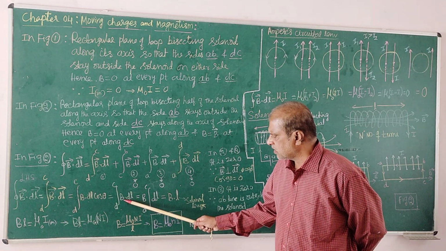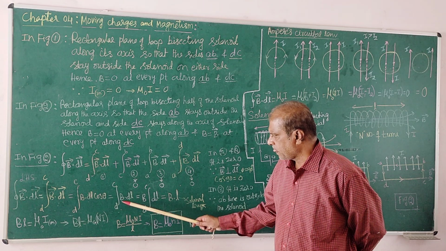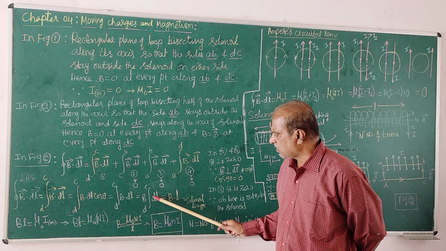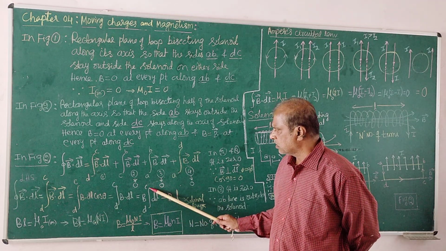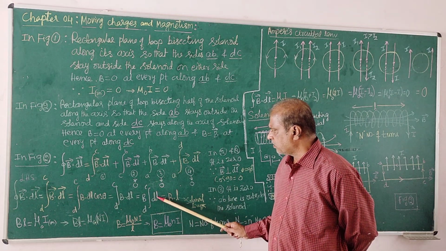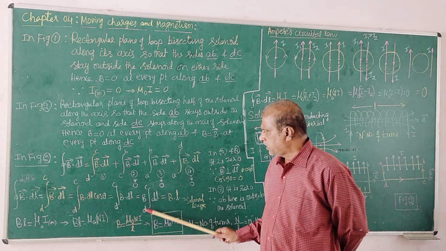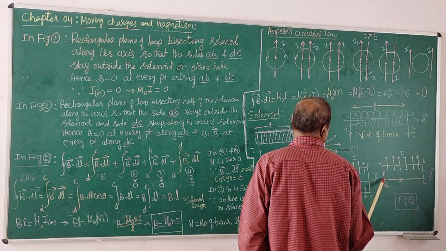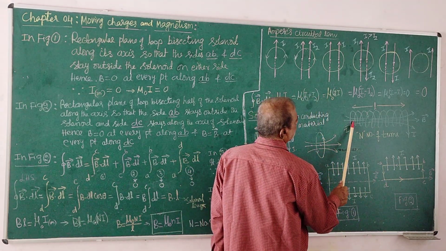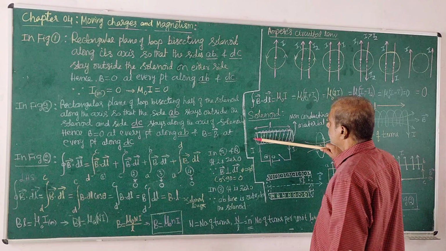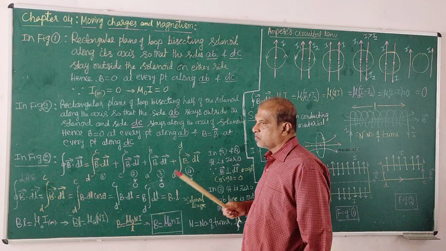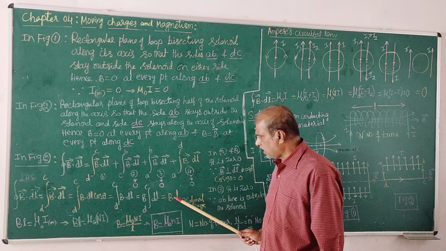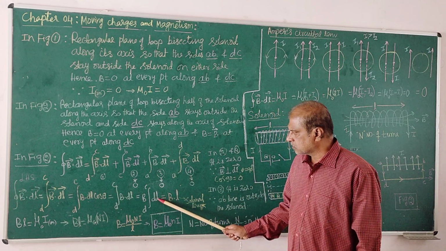B is constant at every point on the line, so B times the integral of dl from D to C, which is L. The length of DC is the length of the solenoid.